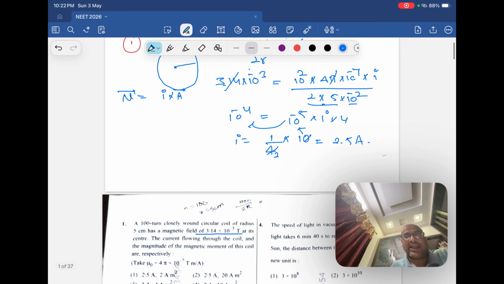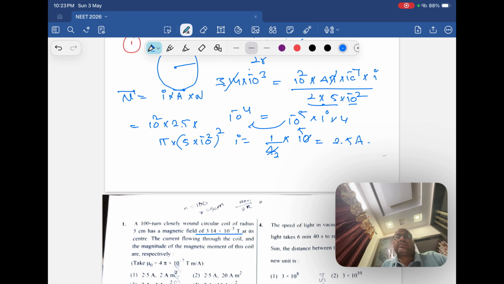Now what is the magnetic dipole moment? I into A, but n turns are there, so into n. n is 100, current is 2.5 ampere, into area pi r square. So r square means 5 into 10 power minus 2 whole square. Why? Radius is given in centimeters, student.